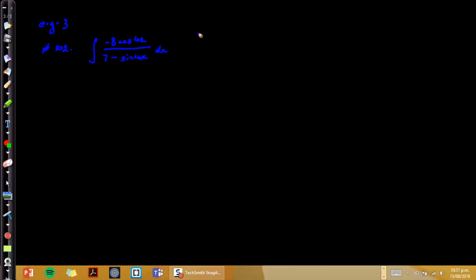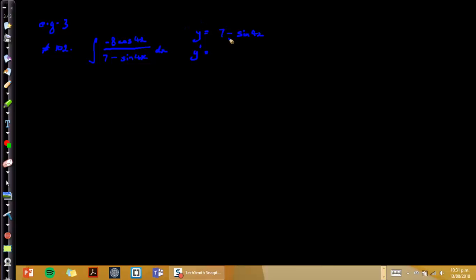So let's let y be that 7 minus sine 4x. So when we derive, the derivative of 7 would be 0. Now the derivative of sine is cosine, and if you need to check that, remember you've got a table on page 173.